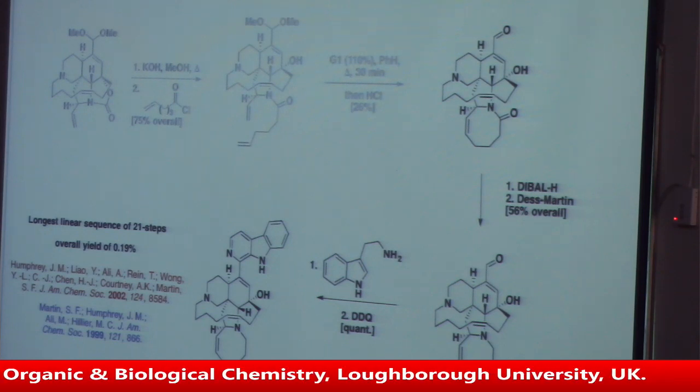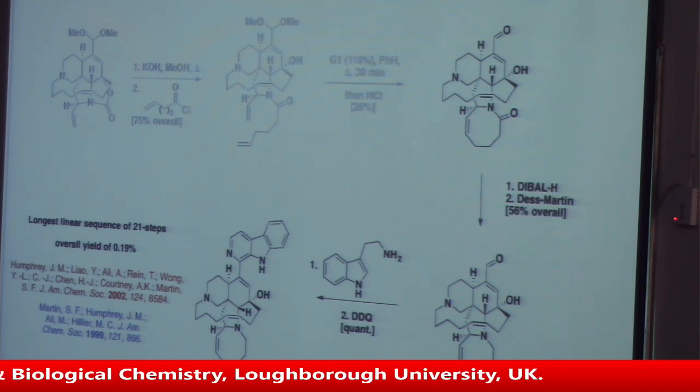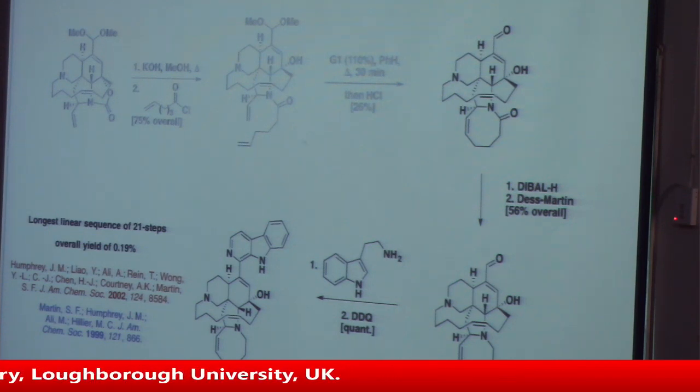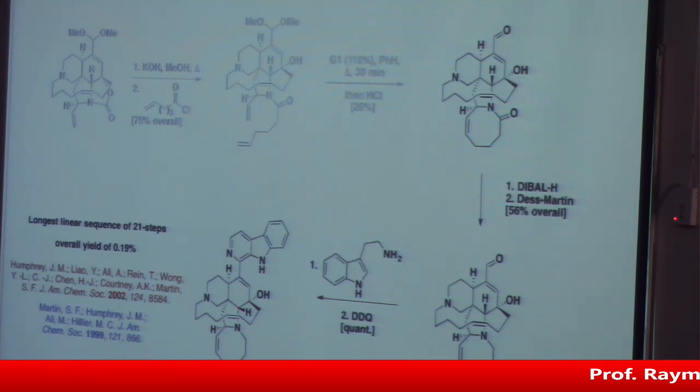Before metathesis was developed and properly systematized by people like Grubbs and Schrock, it would have been very difficult to imagine how you would put those two rings together.